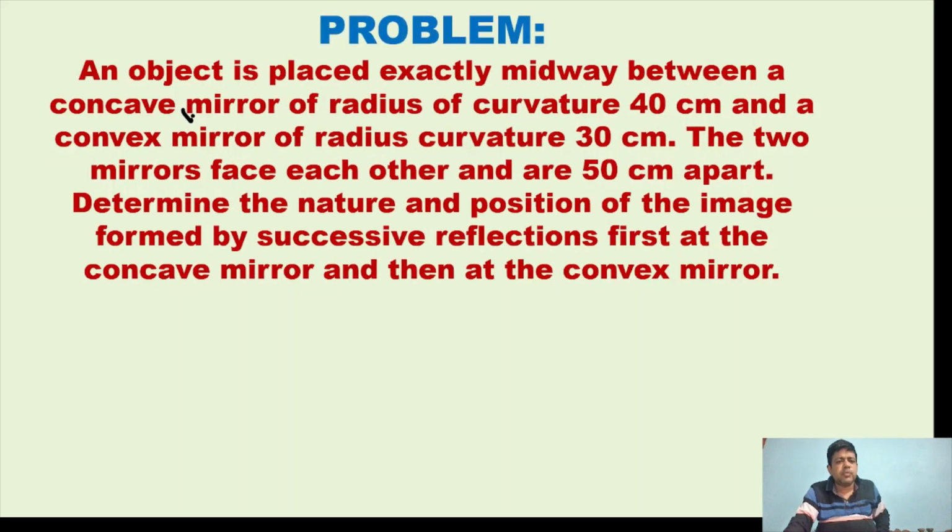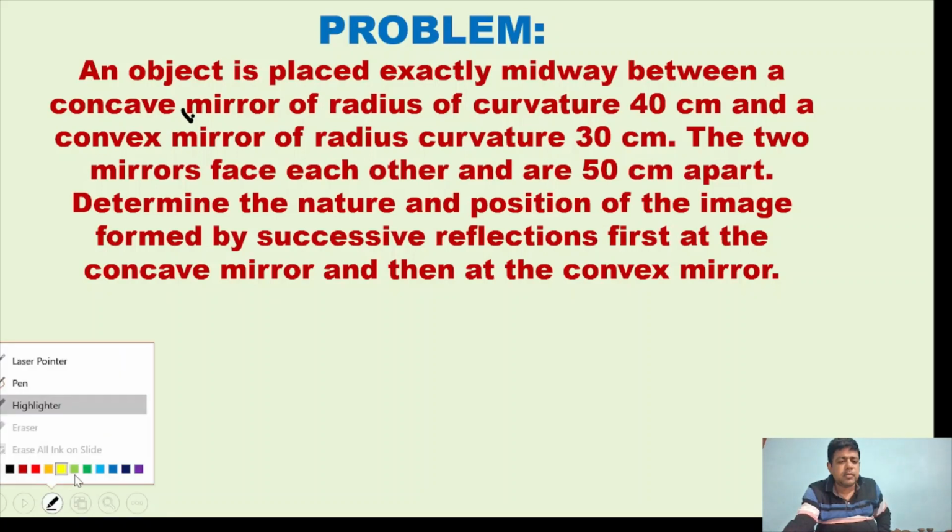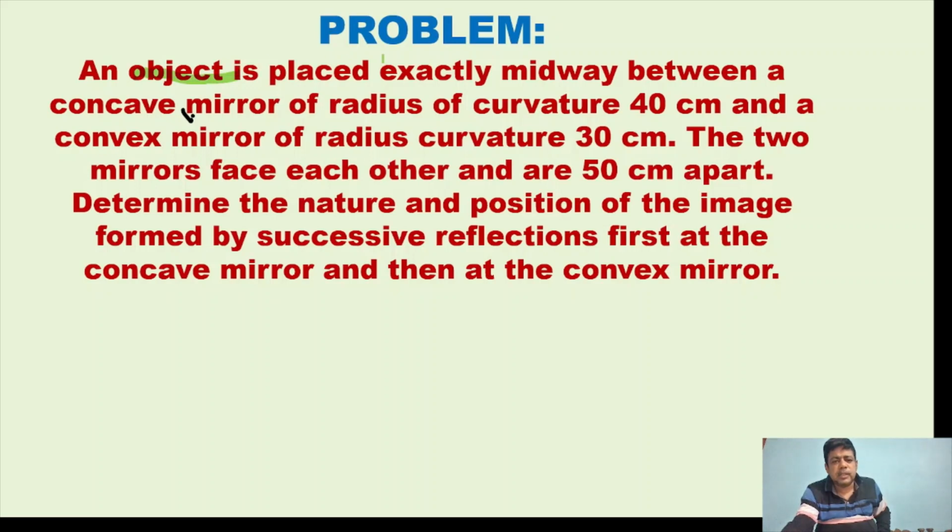Here is the problem. Read it once again. An object is placed exactly midway between a concave mirror of radius of curvature 40 cm and a convex mirror of radius of curvature 30 cm.